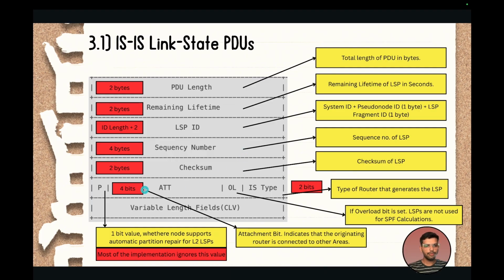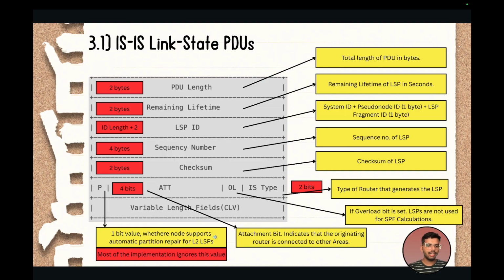Then we have the 4 bit ATT value, and before that we have a 1 bit P value and a 1 bit value, where the P bit indicates whether the node supports automatic partition repair from the L2 LSPs.